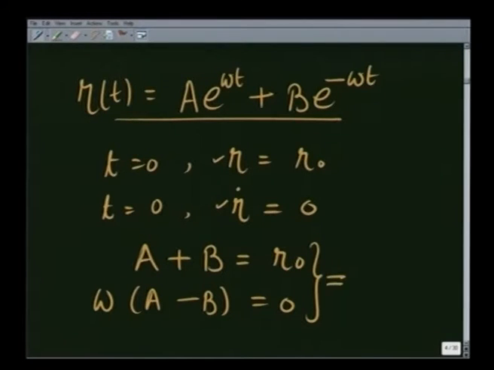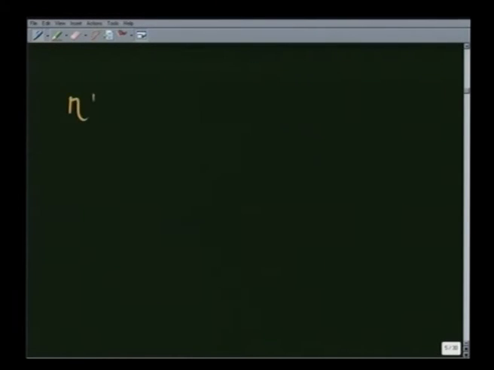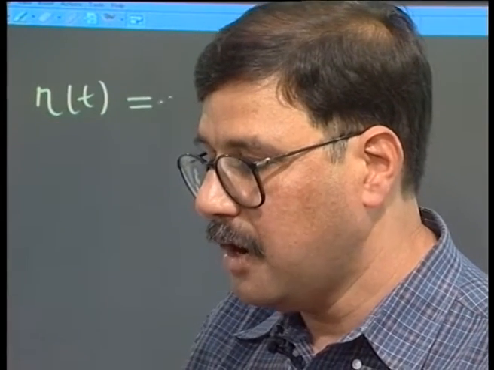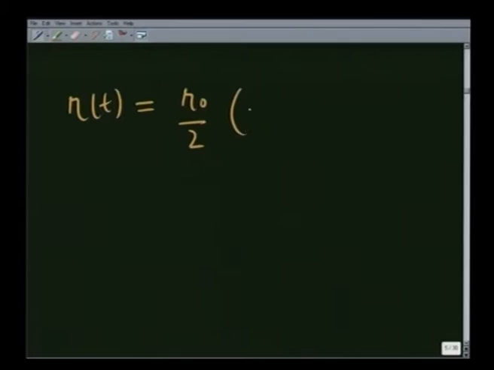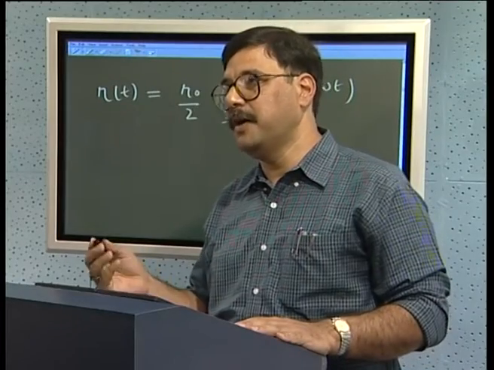These two equations give me a equal to r 0 over 2 and b equal to r 0 over 2, and therefore the general solution r of t for a particle on a wire rotating at a constant angular speed, started from a distance r equal to r 0 with no initial radial speed, is r 0 divided by 2 times e raised to omega t plus e raised to minus omega t. You can see r increases exponentially, very fast with time.